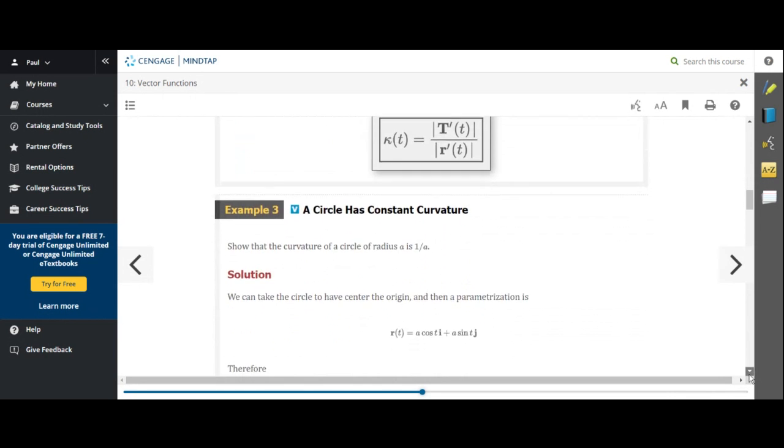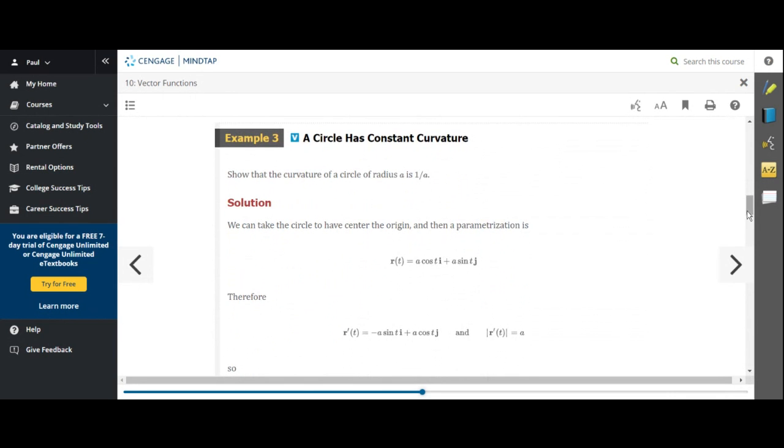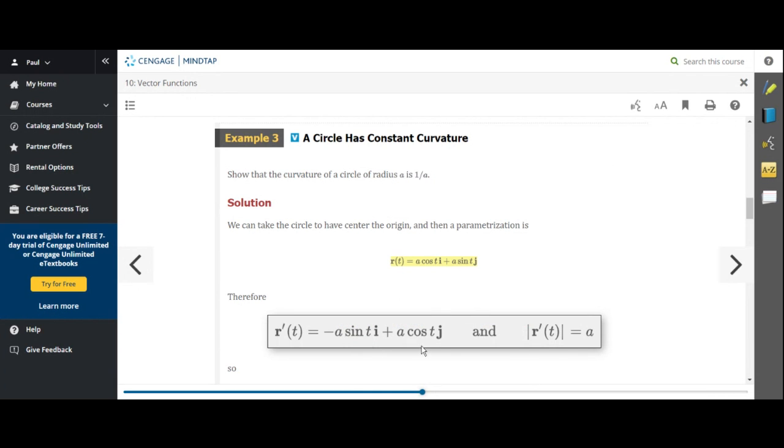A circle, for instance, has constant curvature. Let me get it on the screen. You have a circle of radius a. That's how it's parameterized, and the derivative of the space curve for a circle in the xy plane is given as you see here.